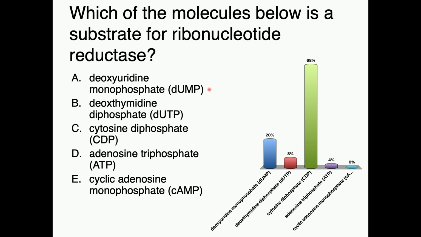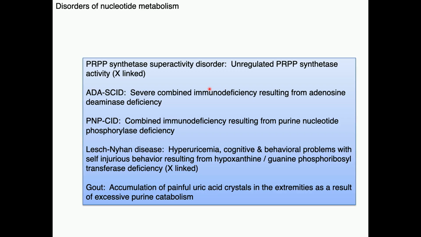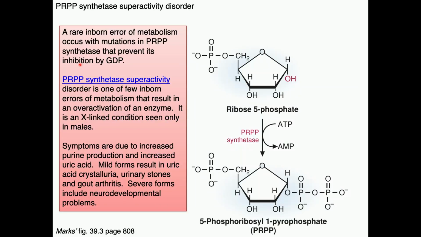Okay. All right, so let's spend the remainder of our time talking about disorders of nucleotide metabolism. Most of these are occurring in the purine nucleotide metabolism pathway. There's one condition, PRPP synthetase superactivity disorder, that's affecting kind of upstream of either pyrimidines or purines, so we'll talk about that one first.